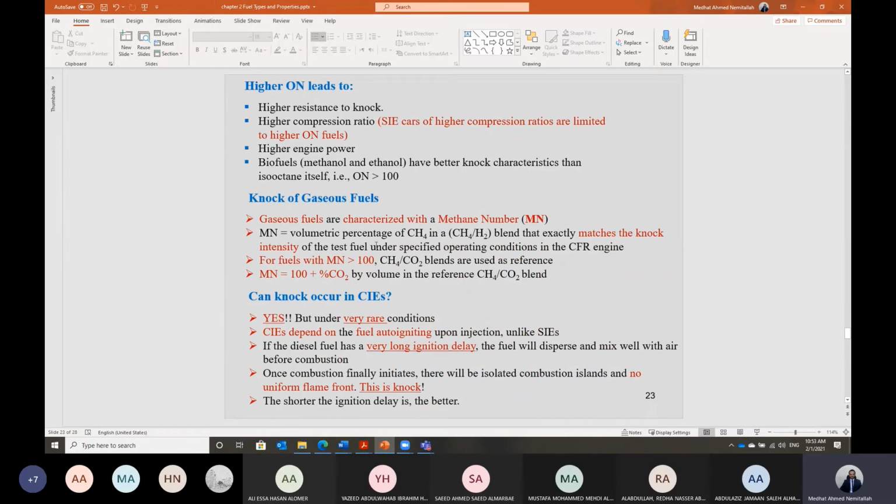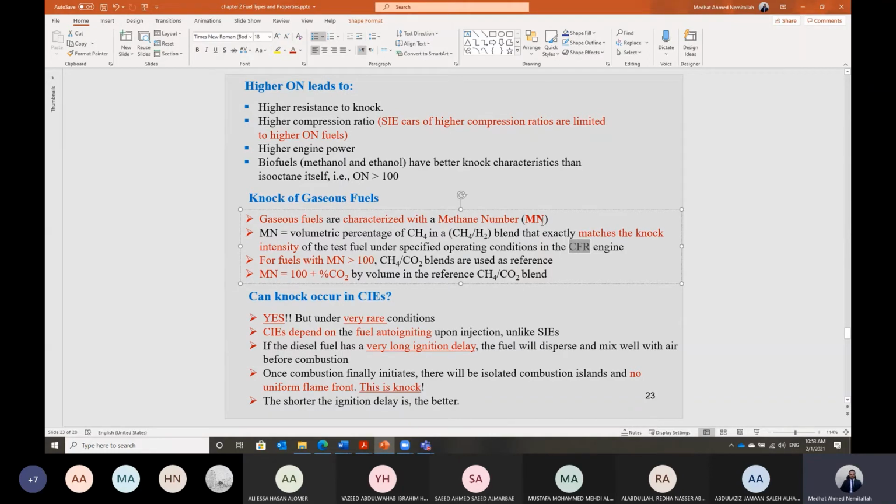Okay. What about the case of liquid fuel? Liquid fuels are characterized by the octane number. What about gaseous fuel like methane? In this case, there is a number called the methane number. In the same CFR test, we can calculate the methane number for any gaseous fuel. We test the gaseous fuel until it results in a certain amount of knock at a given compression ratio.